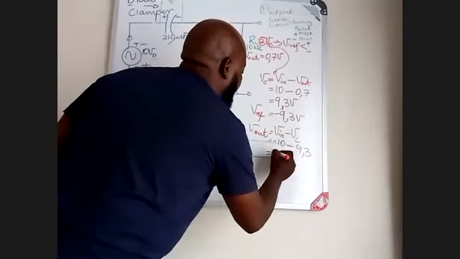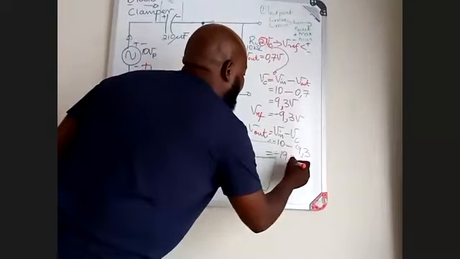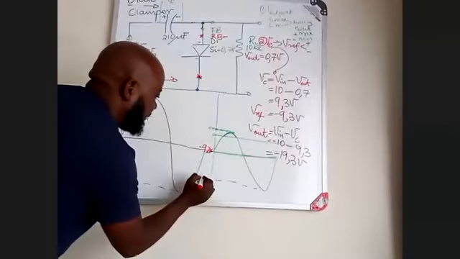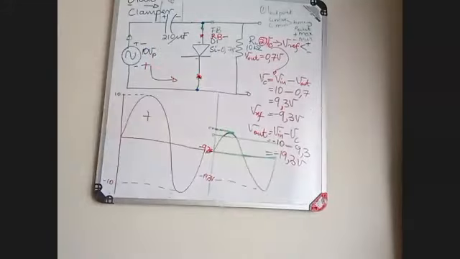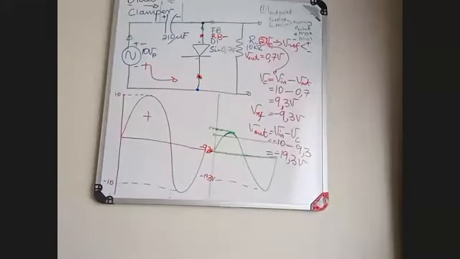That leaves this one to be minus 19.3 volts, which means here you've got minus 19.3 volts. That is a negative clamper circuit.